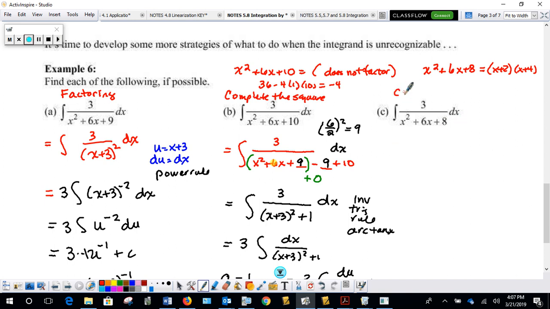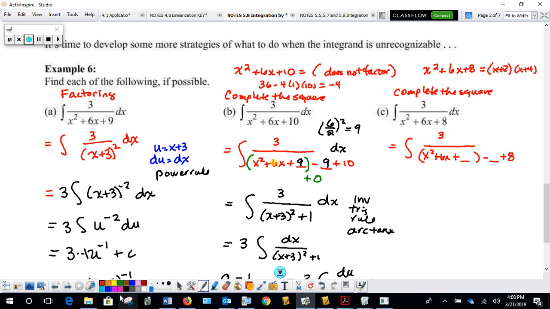So I'm going to try completing the square again, and let's see what that does. Let's set it up for completing the square. Just bring the 3 with me. I'm going to have x squared plus 6x, plus something, and then I'm going to subtract something outside, and then we have plus 8.